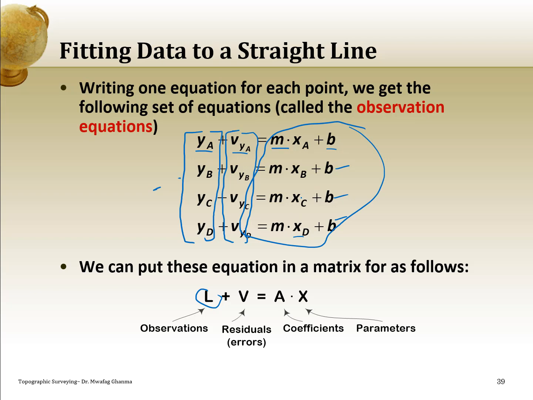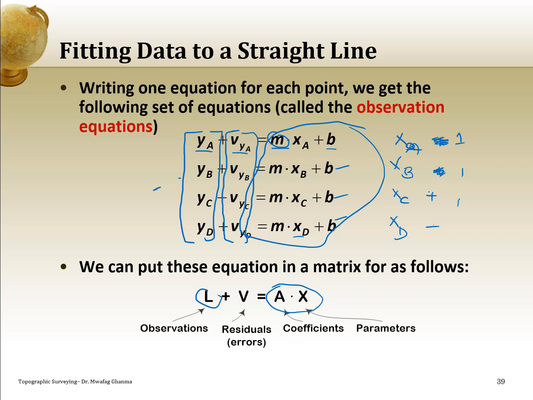It can be put in the format of A and X. In our case, the coefficient of M is xa for the first equation, and the coefficient of b is 1, and then xb and 1, xc and 1, xd and 1.